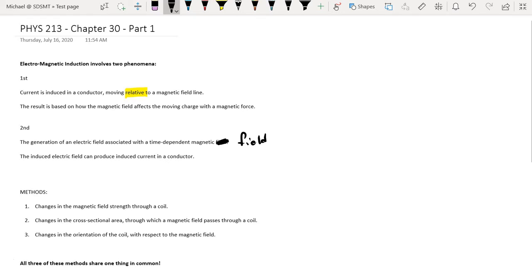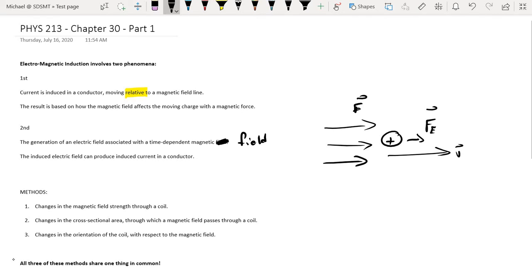And that electric field will then induce charge to move through the inductor. So we already know that if we have an electric field, that electric field will produce a force on a charge, and then that charge will start to move. And so combining that charge with the motion of the charge, we have current.